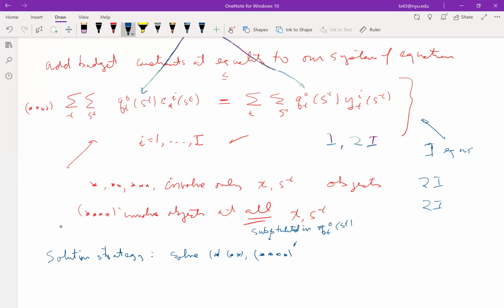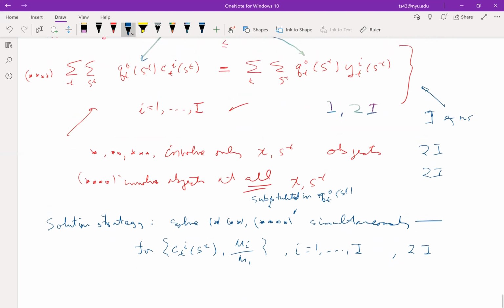Solve these simultaneously for what? Here's what I've got to solve for: the c_t^i's and the mu^i over mu^1's for i equals 1 through I. So there's going to be 2I variables that I've solved for. And I've got to do that.